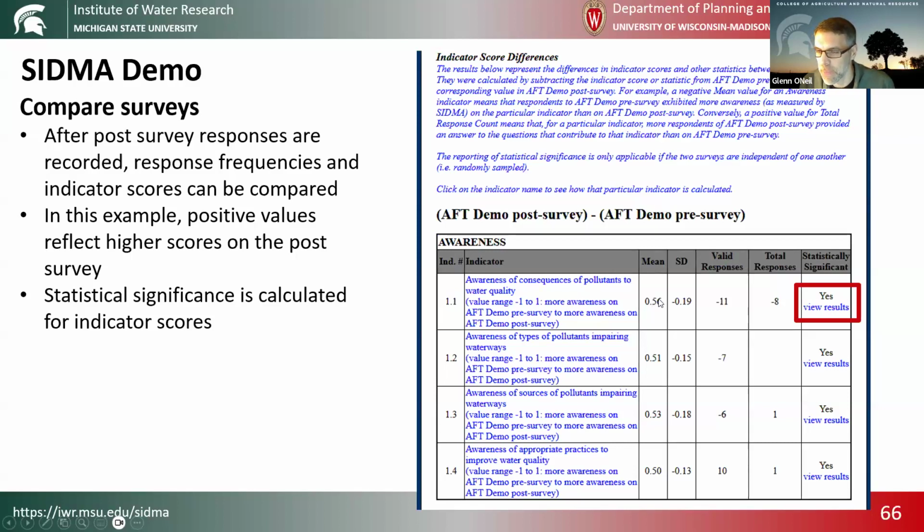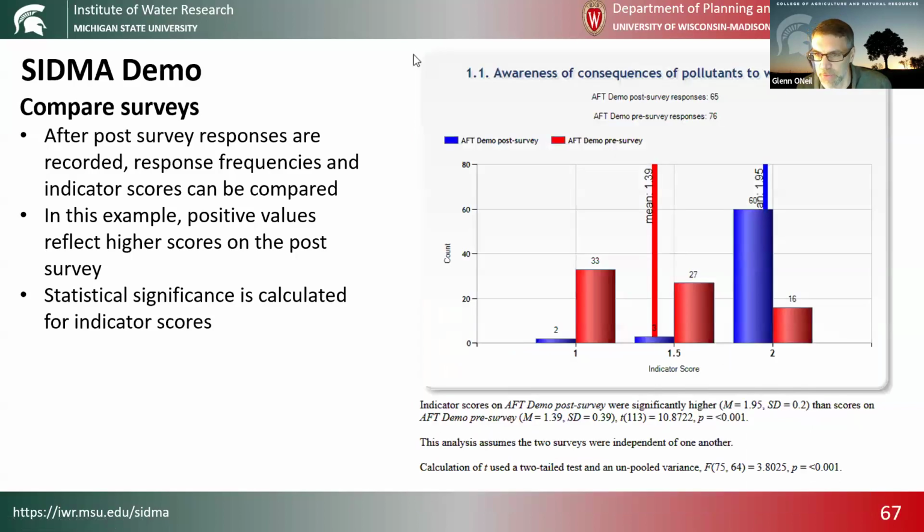That means the indicator score was 0.56 higher on the post-survey than on the pre-survey. And SIDMA will test for statistical significance in that result. And you can click the View Results button, and you'll see how the two surveys differed in terms of their indicator scores, in addition to providing some of the statistical documentation for how that determination was made.